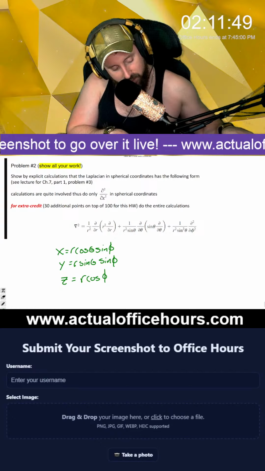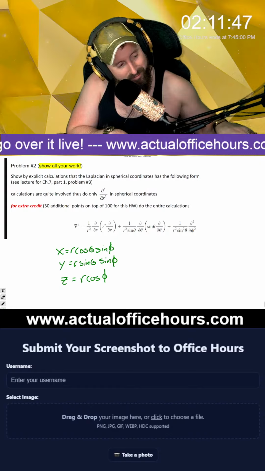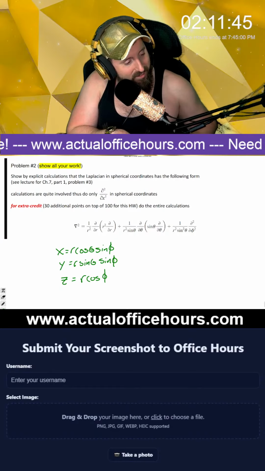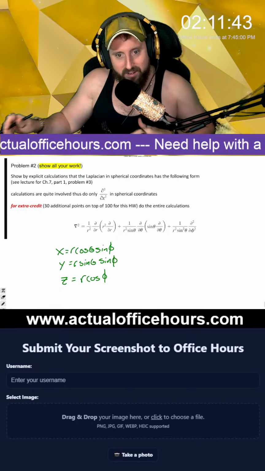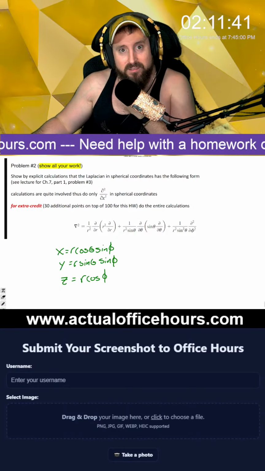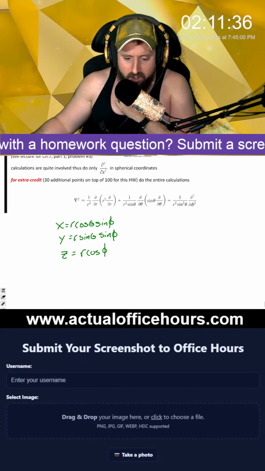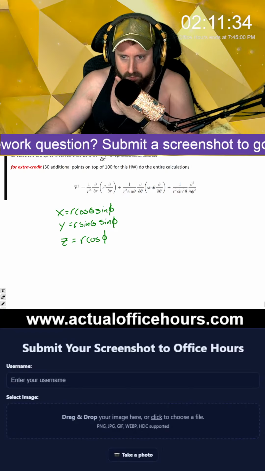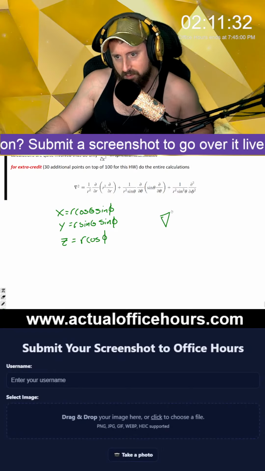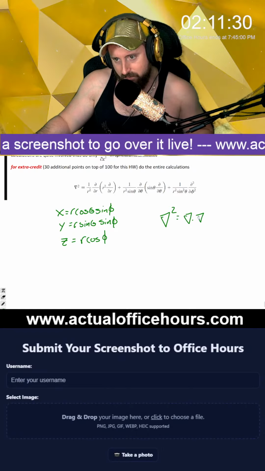Oh yeah, because physics and math are different. Sometimes they switch up the theta and phi. Yeah, they do. This is the way I learned how to do it. Okay, cool. And then, I mean, is div squared equal to div dot div? Is that what that is?